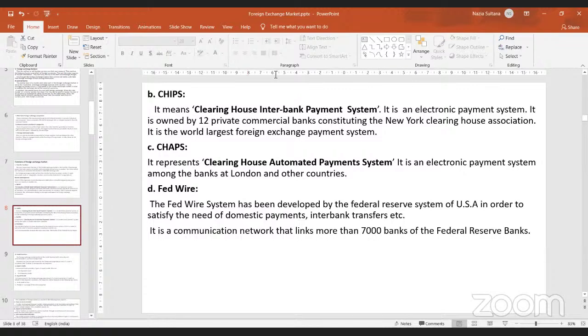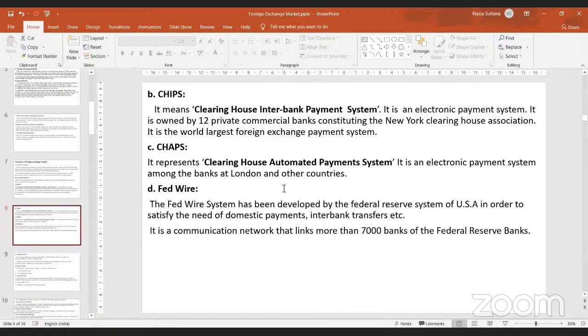Most of the banks do their interbank payments through CHIPS. So banks can carry on transfers either through a cooperative society in Brussels or through this clearinghouse in the USA.